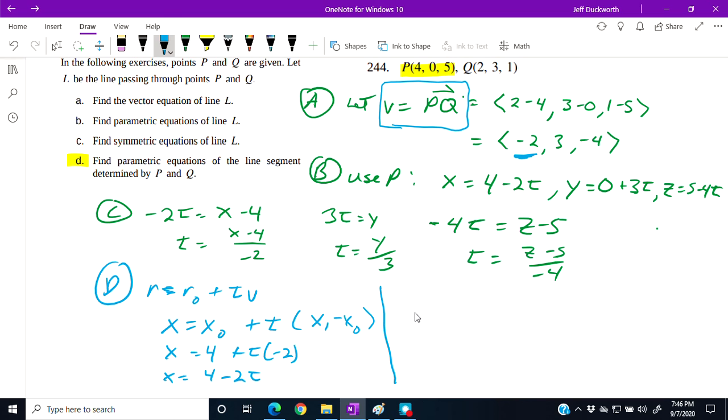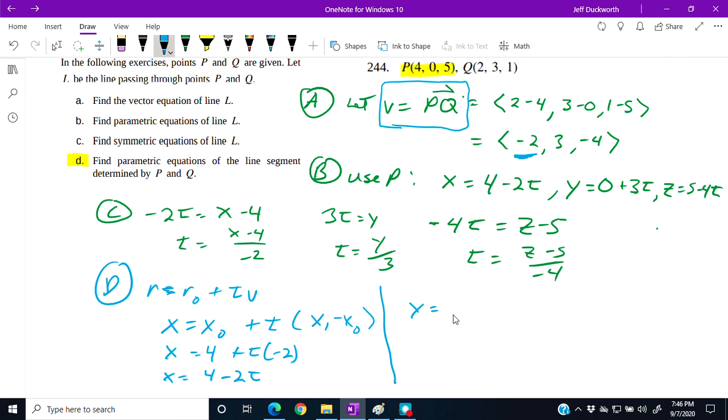For y, let's just go straight with the numbers. The original there is going to be just 0.